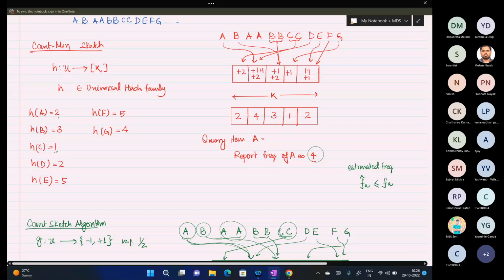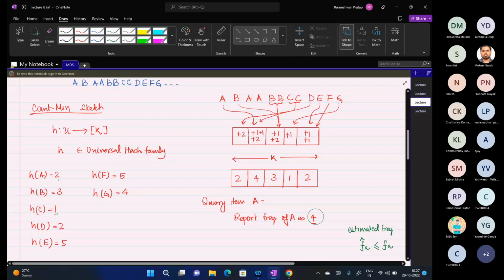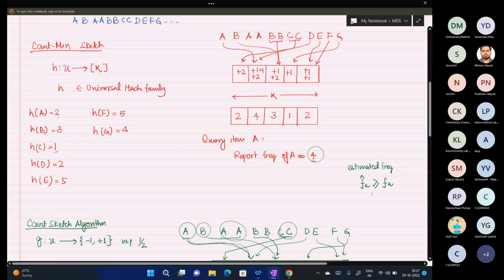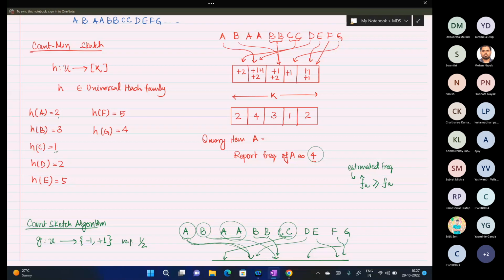And in count sketch also... Sorry, one second, I made a mistake. The estimated frequency should be at least the ground truth frequency.